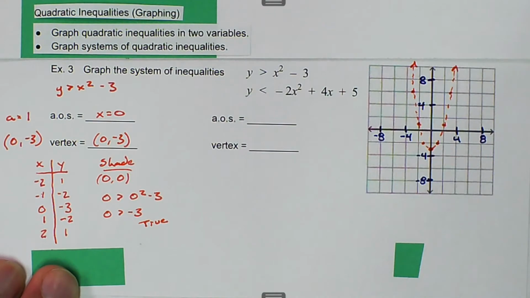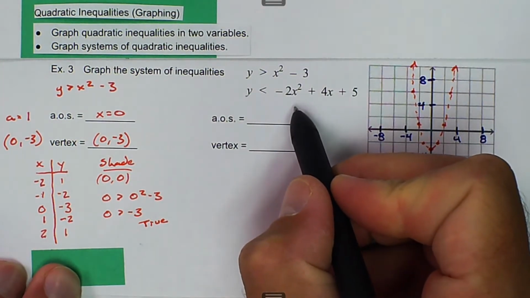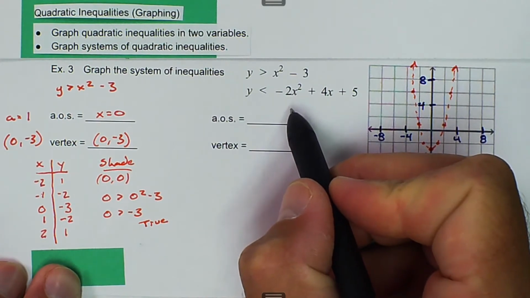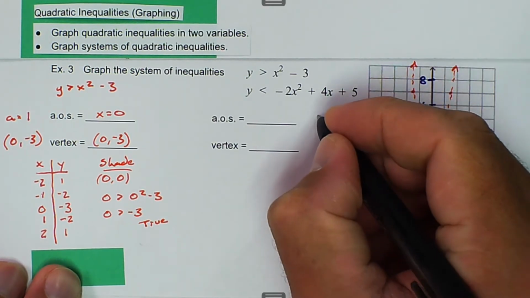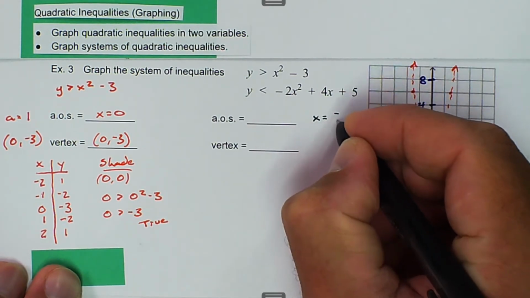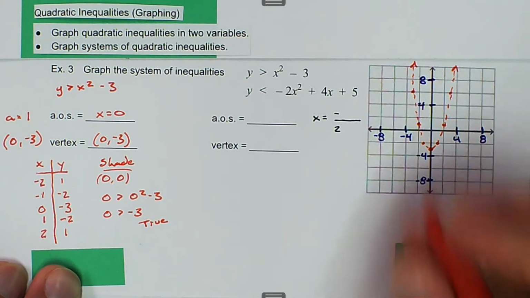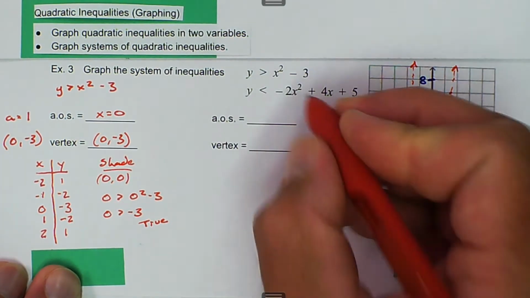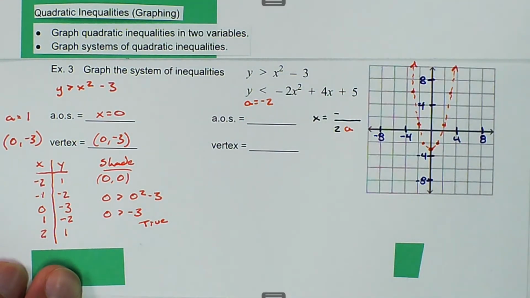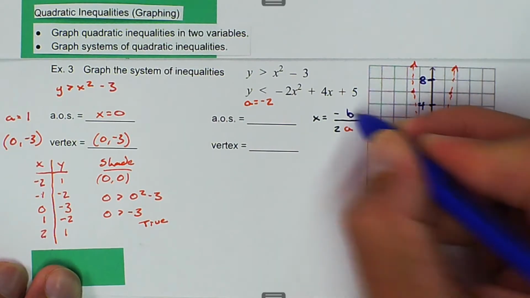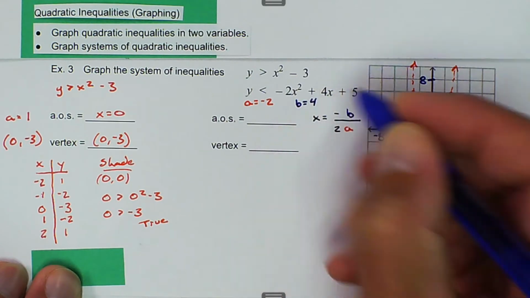Then we can take a look at our other inequality. And for this one, we need to use our axis of symmetry, which is x equals negative b over 2a. Then we need the a value, which in this case is negative 2. Then we need the b value, which in this case is 4.